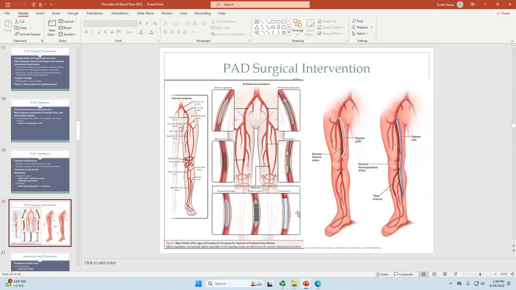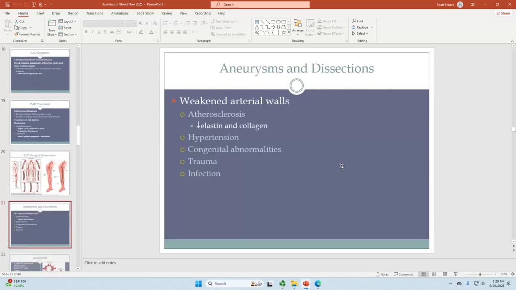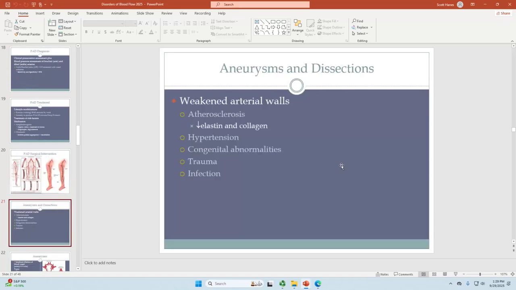Alternatively, if you have more significant disease, they may take a vein from another area of your body and then just bypass this diseased section right here, which is getting no flow. So they reestablish blood flow by putting a new vein in place before that occlusion, and then restoring blood flow distally past that occlusion. So that would be a femoral-popliteal bypass, for example, bypassing some of those main arteries that are occluded. So again, just for your information.